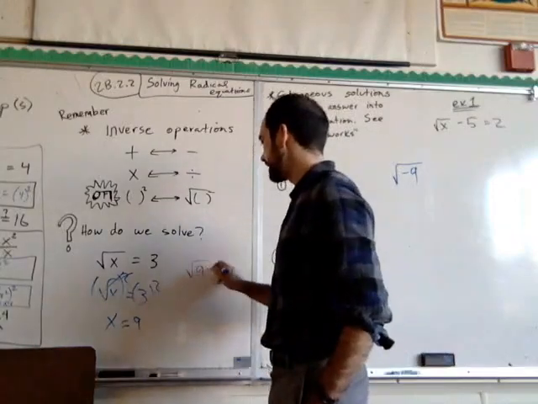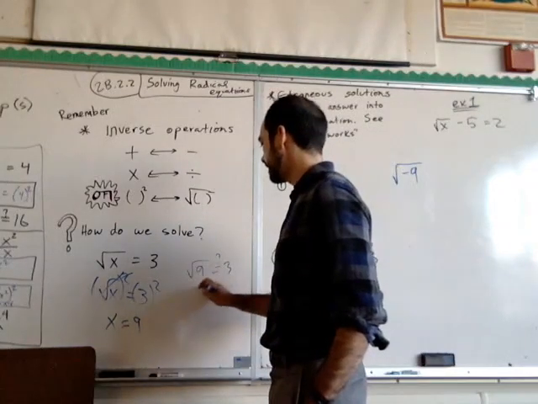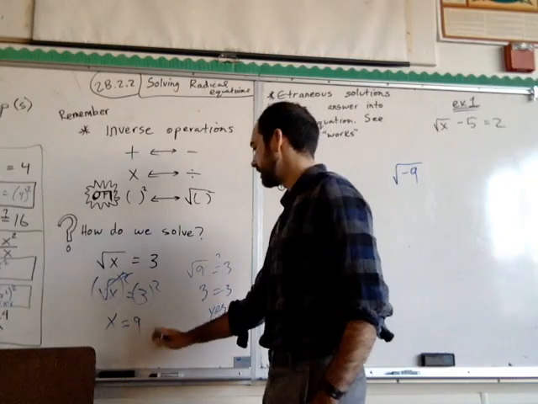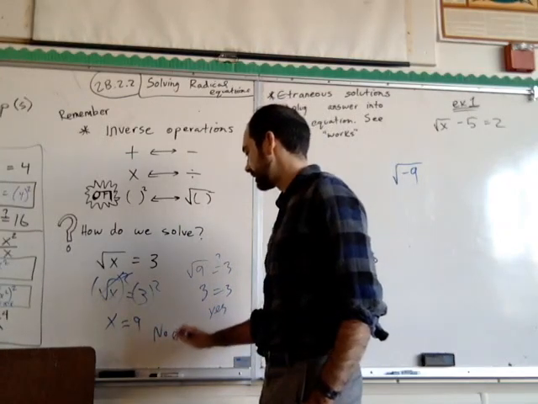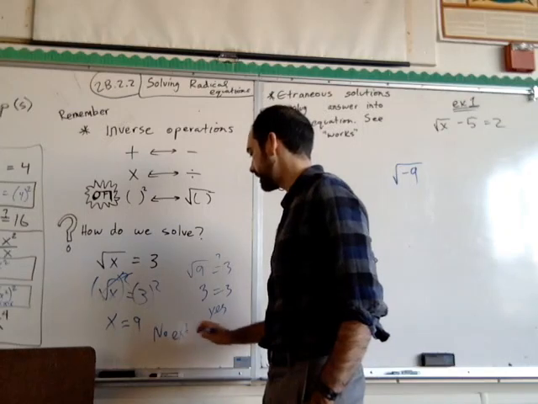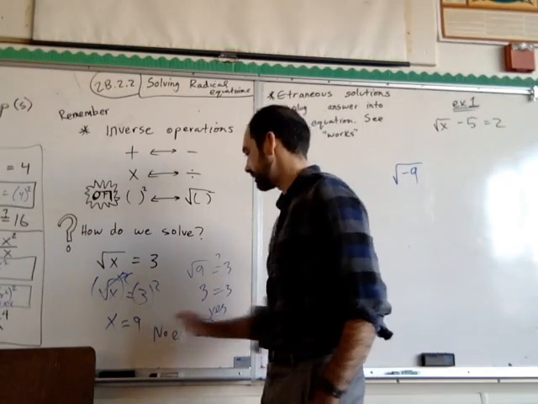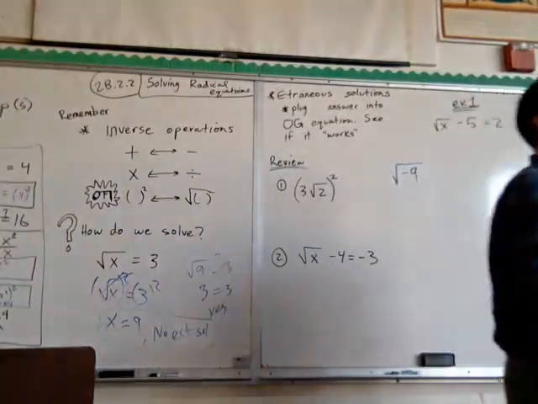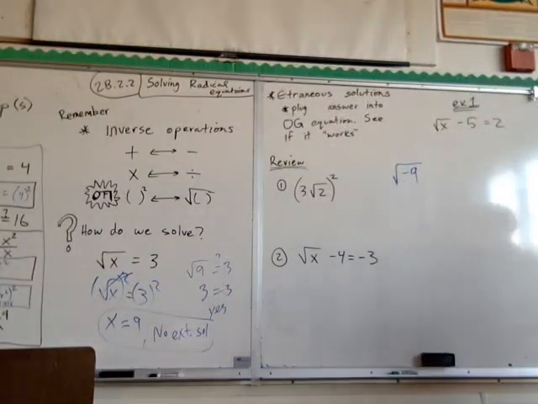I'm seeing if that's true. 3 equals 3? Yes. So this would be no extraneous solutions. Okay. So remember, you have to have the answer including if it is extraneous or not. Okay. So far, so good, right?